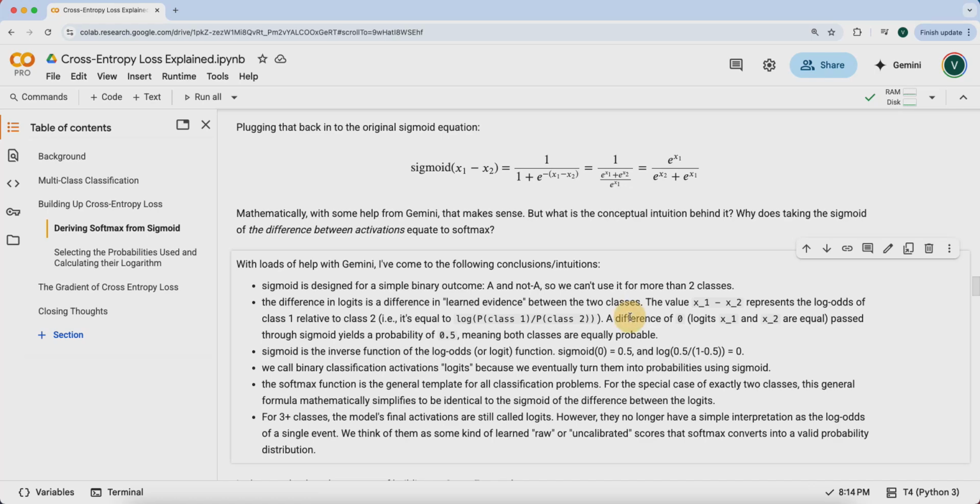Now, let's look at it in a different way. Suppose we had a difference of 0, right? So the logits x1 and x2 are equal. If we pass that difference through the sigmoid, the sigmoid of 0 is 0.5, and that means both classes are equally probable.